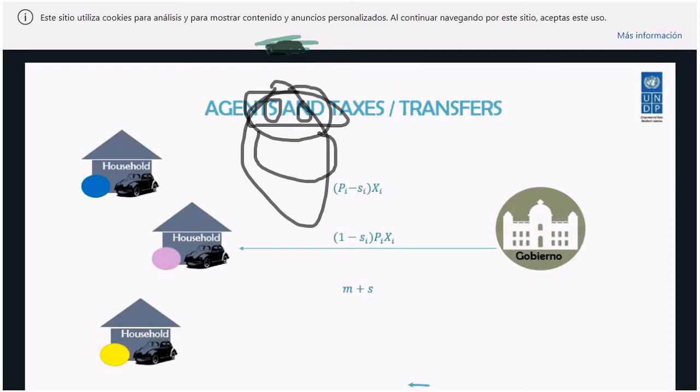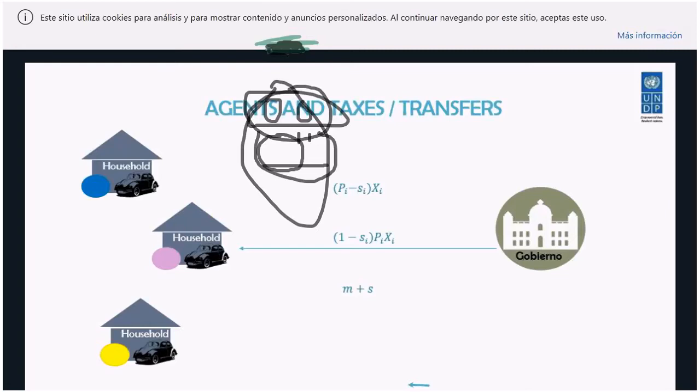There could be some different situations in which the household is consuming some specific quantity times the price, and the subsidy part is allocated by the government as a share. So 1 minus some share of the price is being subsidized by the government. Let's think about transportation.